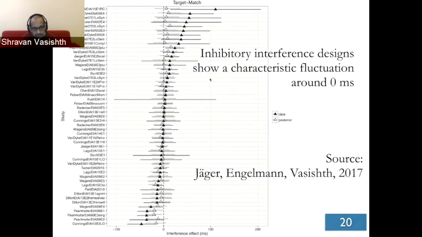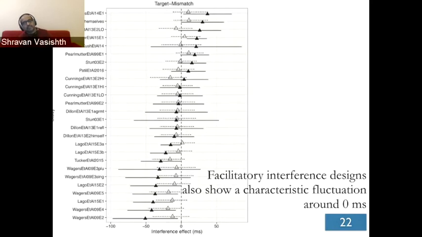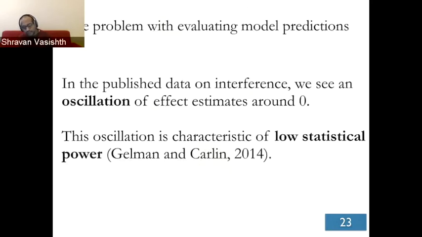So what's happening here is something that has been noticed in the statistical literature for a long time. It is a property of these kinds of repeated experiments that if you have low statistical power, you're going to end up in a very awkward situation, which is that if you get a significant effect, the significant effect will be a huge overestimate or will have the wrong sign.